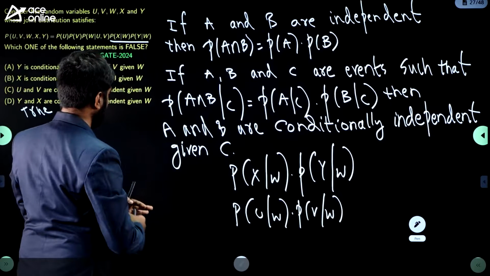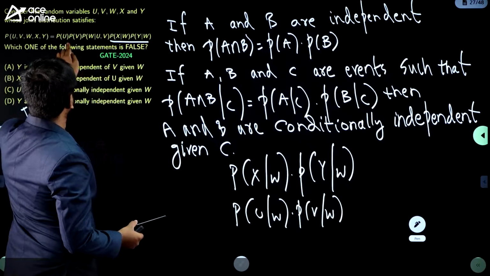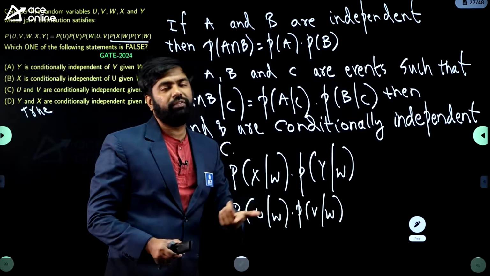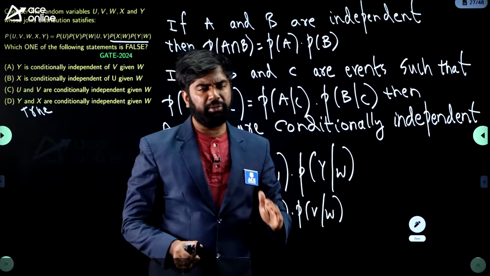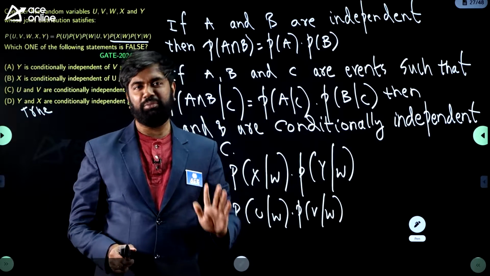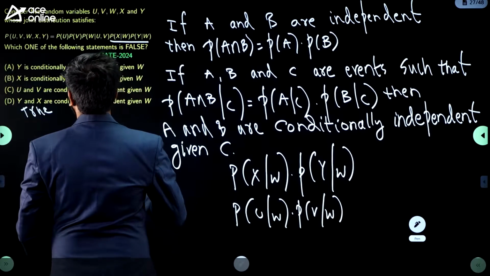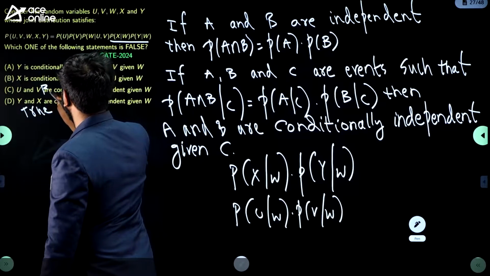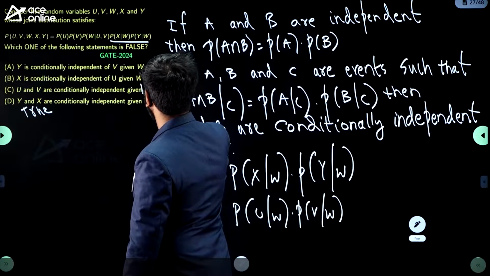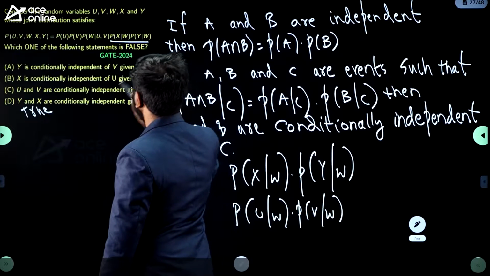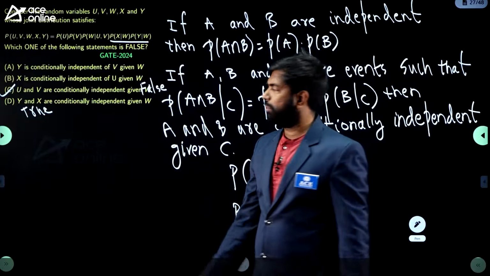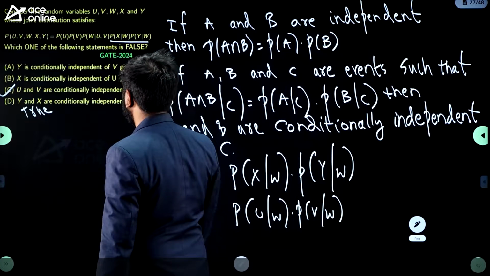We have something like P of U into P of V, but we do not have P of U given W into P of V given W. So, there is no such information to claim that U and V are conditionally independent given W. So, obviously this is a false statement, students, or this need not be true. Which one? Option C, and this is going to be the answer for our question, because the question talks about identifying the false statement and we have done that.